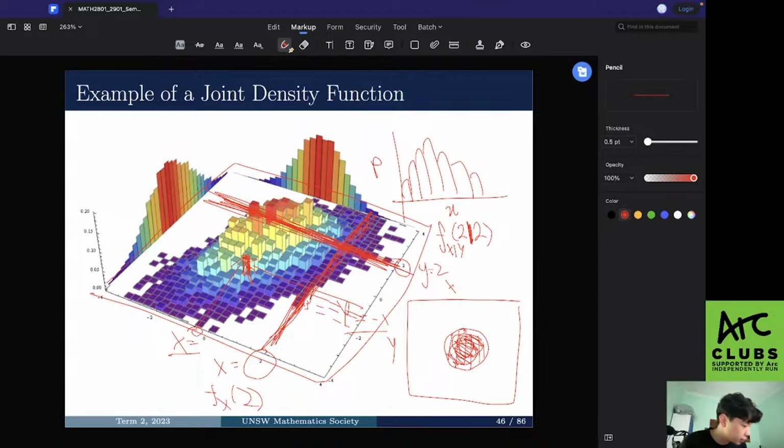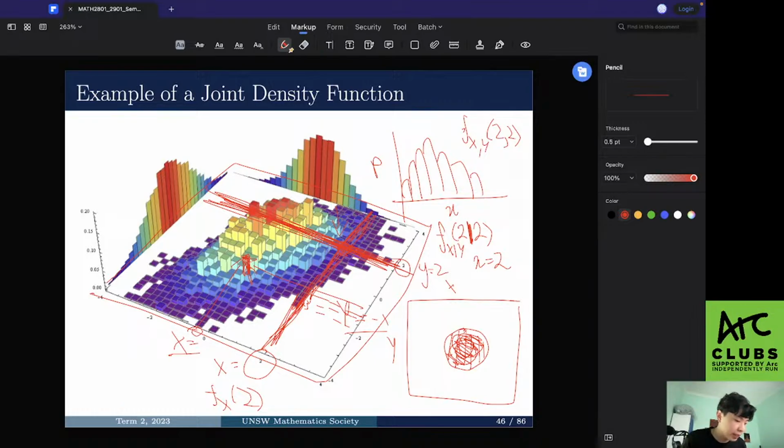That's why, for the case where x is equal to 2, we can only look at this square right here, right? So what is the value of this square in terms of probability? Well, it's just f of (2, 2), right? And then what's the total probability?